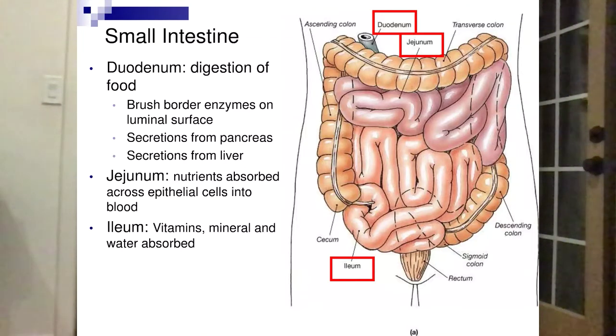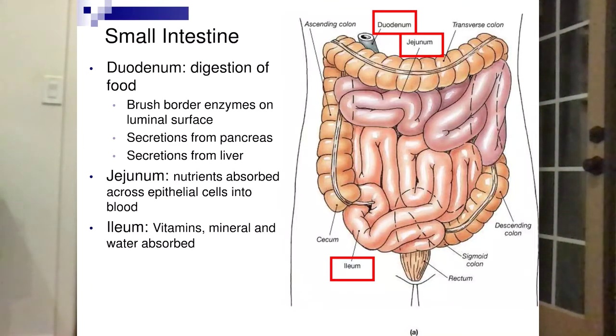Okay, and remember the duodenum is now at a pH of about 6. So pepsin doesn't work anymore. And we haven't even really significantly digested any lipids, right? So digestion gets completed in the duodenum. So the first 10 inches of the small intestine is still a digestive function.